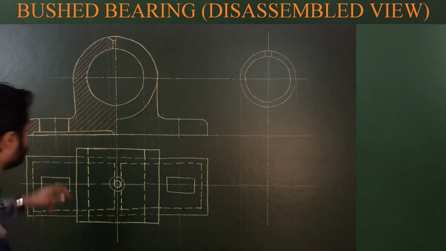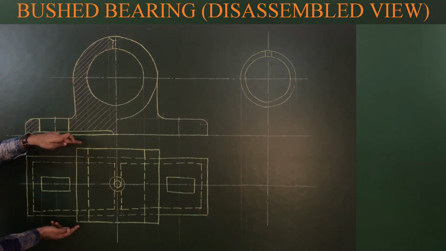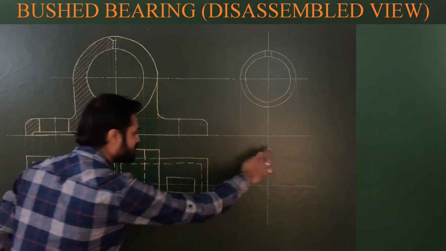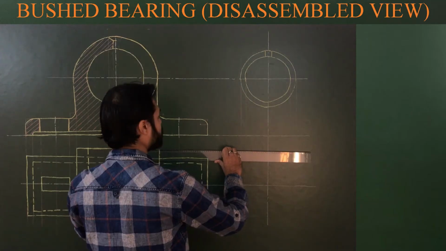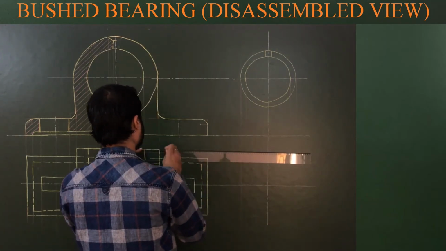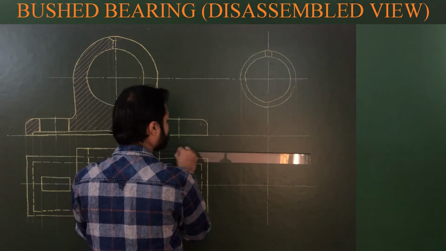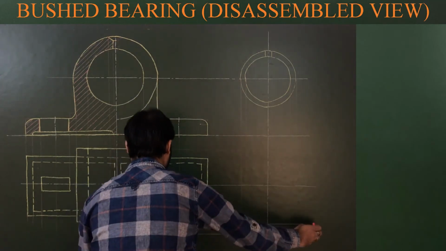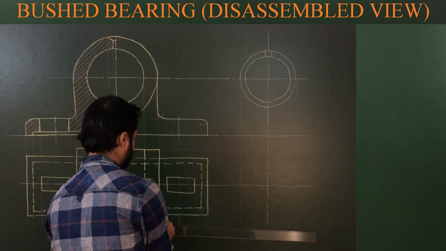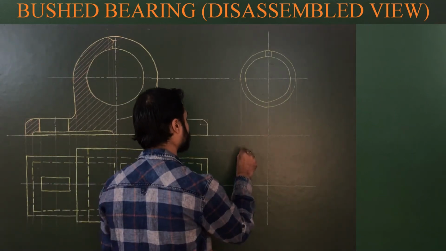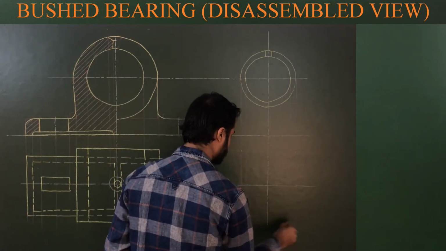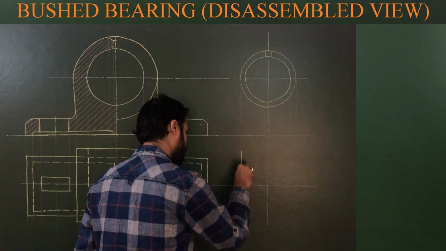Again, end limit means the length of the bush is equal to the upper cylindrical part of the body, that is 66. So we can also extend these limits for the top view. So by extending these limits, now we have the extreme limits of the bush.